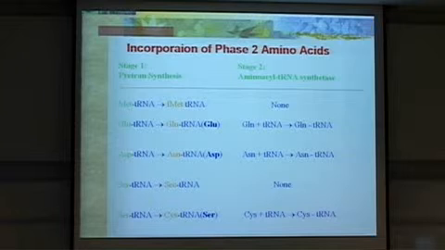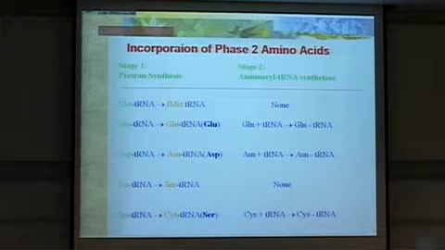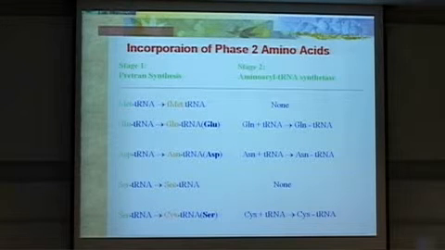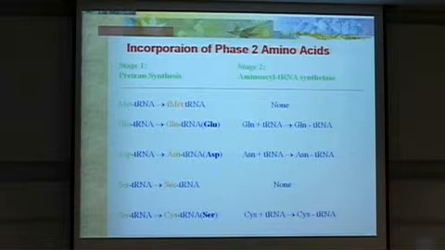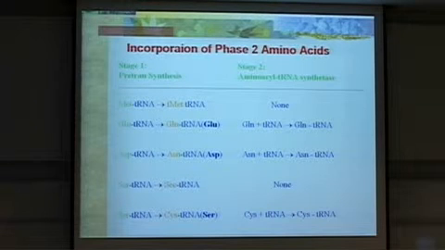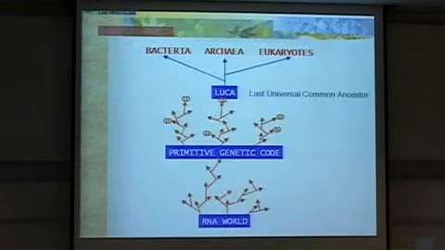And the same aspartate can be transformed into asparagine on the tRNA, and serine into selenocysteine, into cysteine, and so on and so forth. And of course, the example of methionine into formylmethionine is one of the oldest examples. So this is how nature brings in new amino acids into the code.